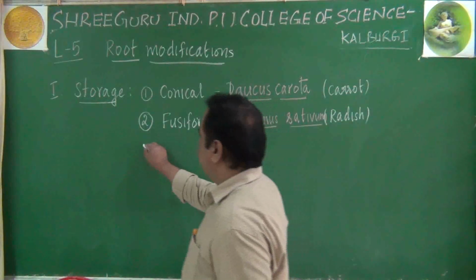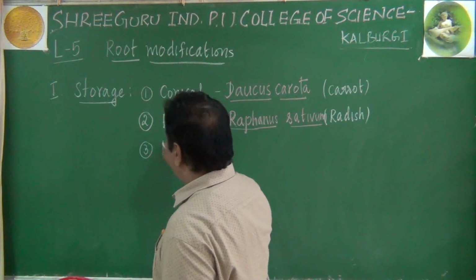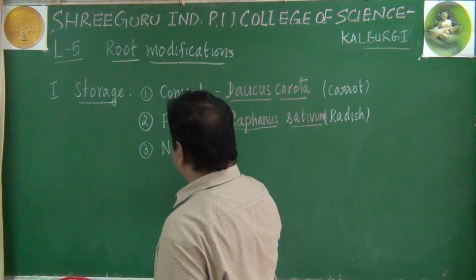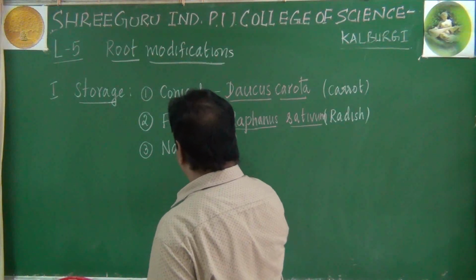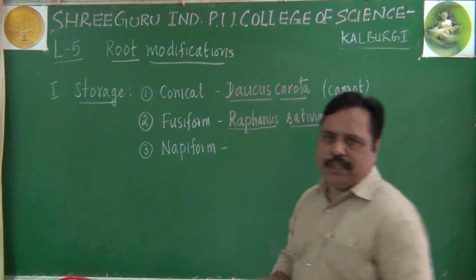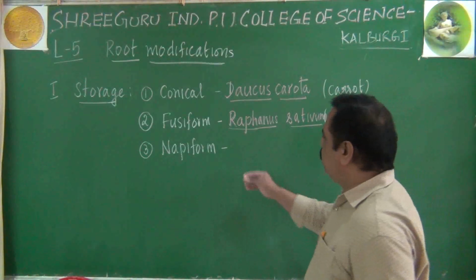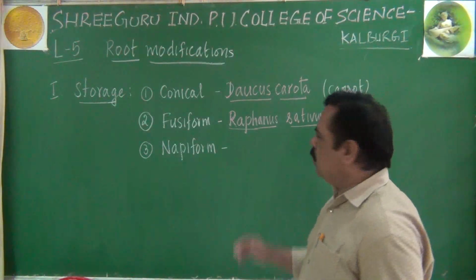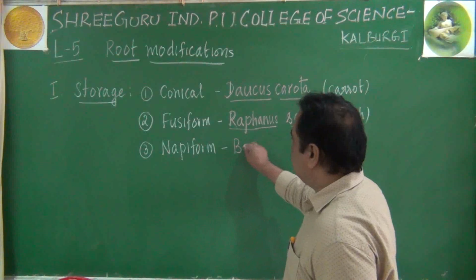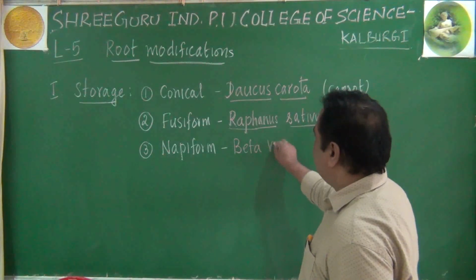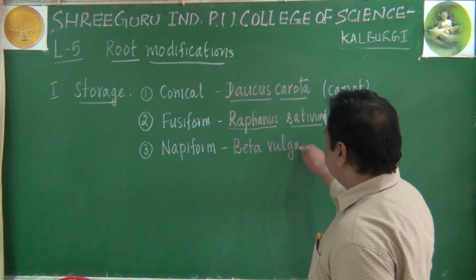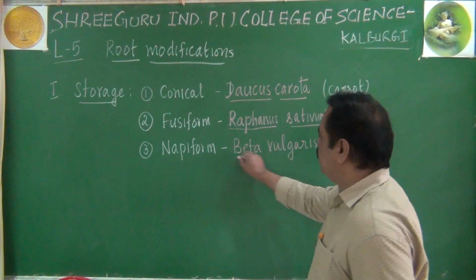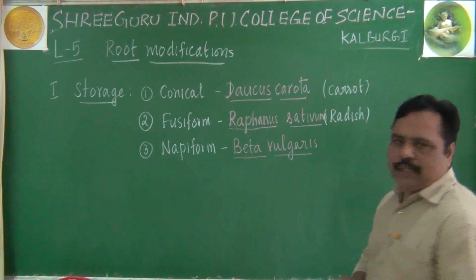Third one is napiform root modification. We can remember here. For napiform root modification, just now I told you, Beta vulgaris, that is another example. Beetroot, that is called Beta vulgaris.